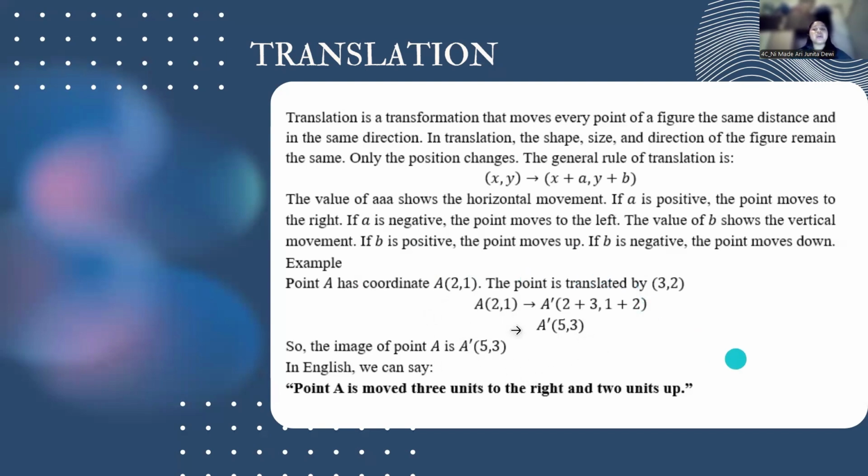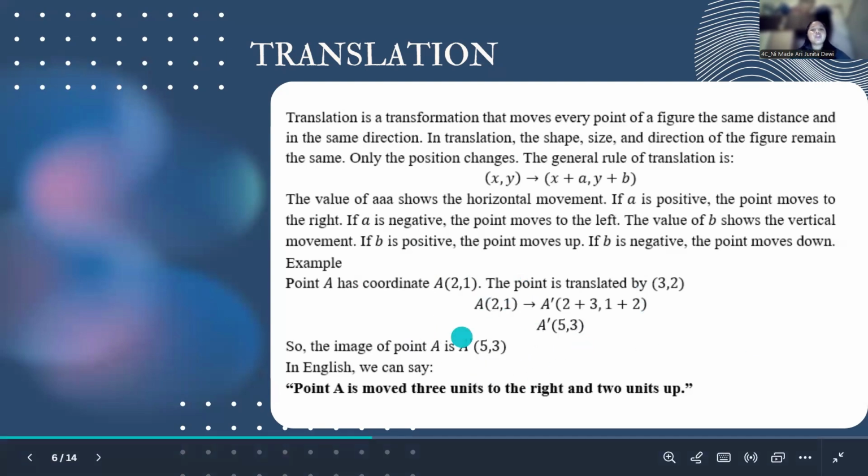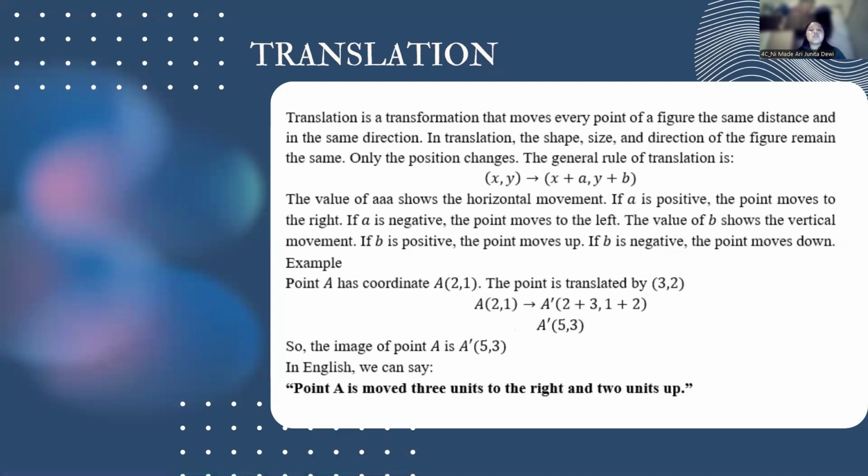So, the image of point A is A prime (5, 3). In English, we can say point A is moved 3 units to the right and 2 units up. And in Indonesian it means titik A digeser 3 satuan ke kanan dan 2 satuan ke atas.